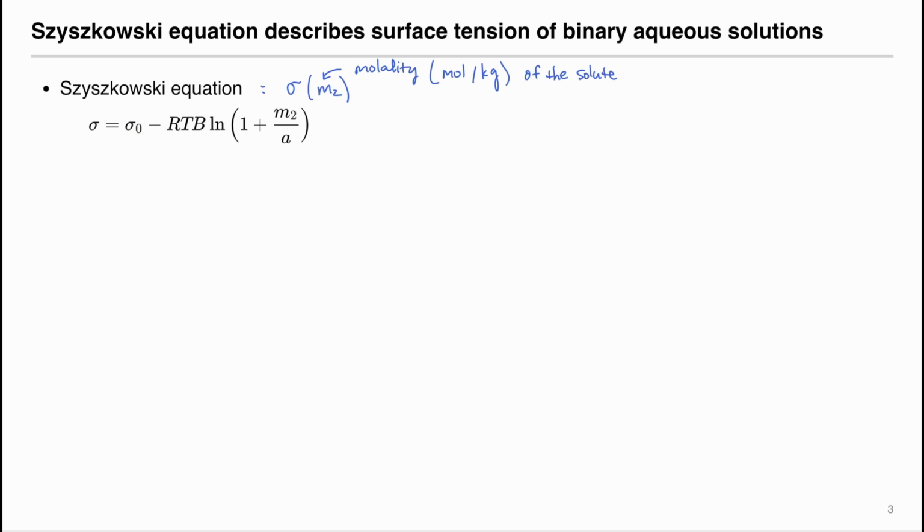In the Szyszkowski equation, sigma is surface tension, and sigma 0 is surface tension of pure solvent. For example, if we have aqueous solution, then sigma 0 is the surface tension of water. R is the ideal gas constant.